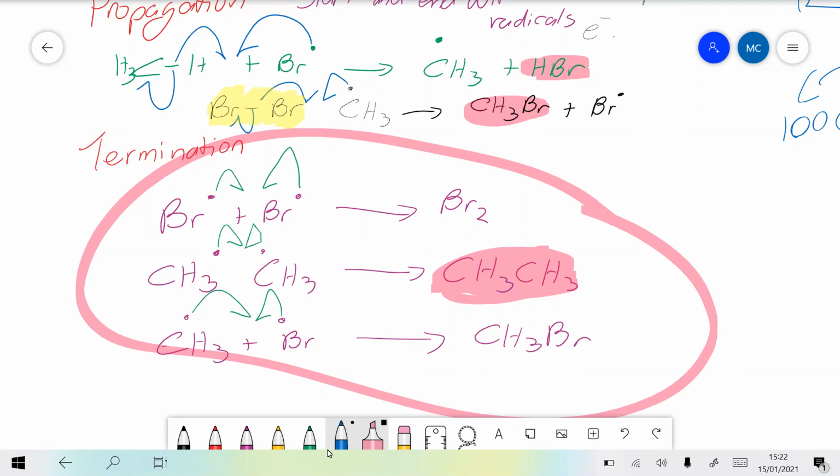So therefore, it doesn't happen. At the end, when the amounts are reduced, this will be present. So in the past, I've had students who told me, sir, if I want to double the carbon chain, can I use free radical substitution? And the answer is no.